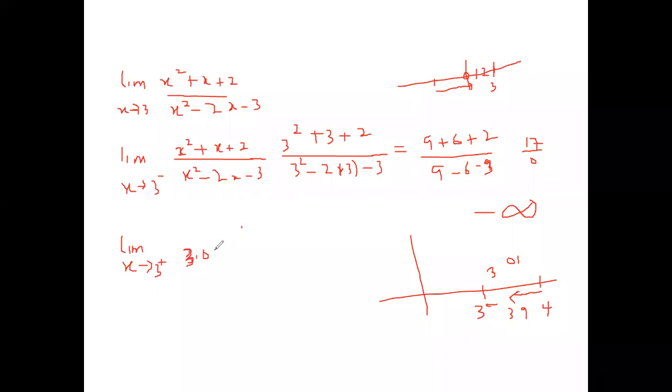So 3.01, please, all questions must hold on. 3.01 squared plus 3.01 plus 2, over 3.01 squared minus 2 times 3.01 minus 3.